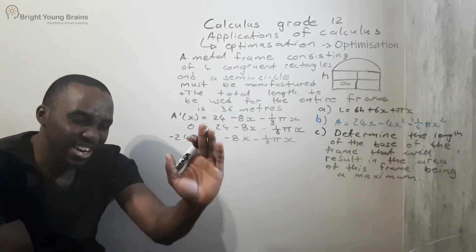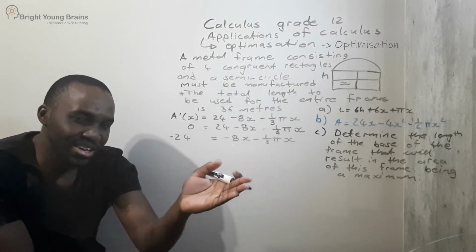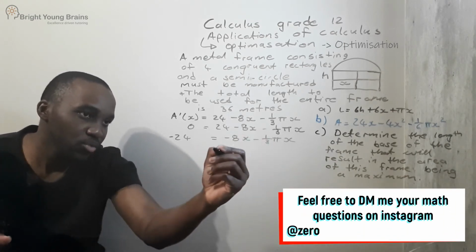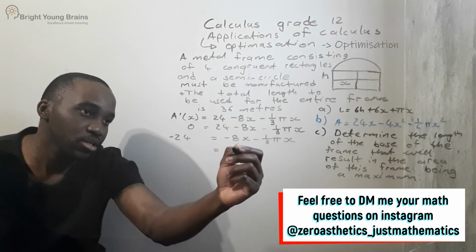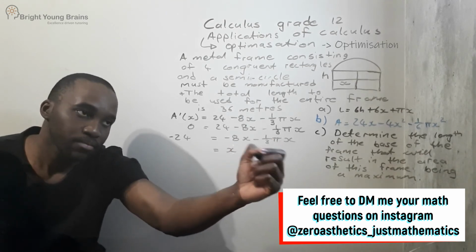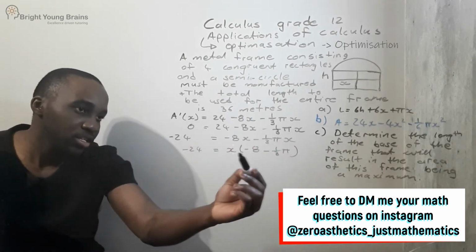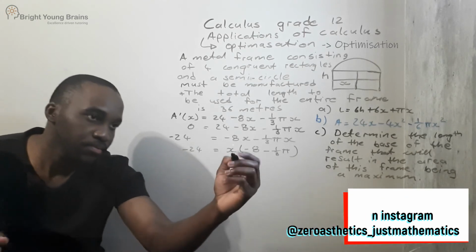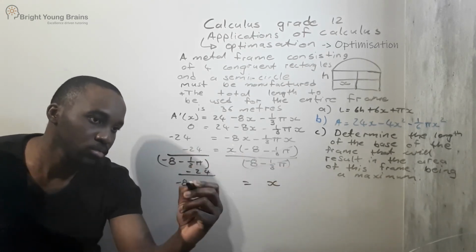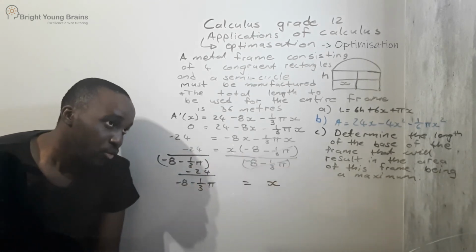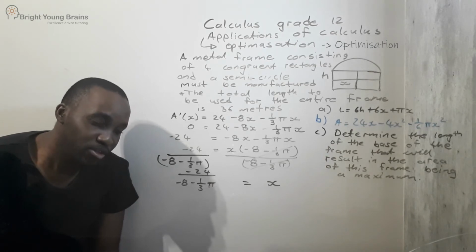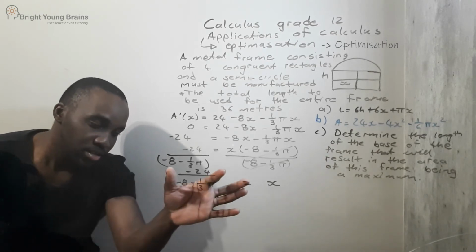That's going to give you a decimal and all that. So that's not very comfortable to work with. So the easiest way to work this out is we would take out x as a common factor, and then here we can easily divide this value on both sides. So the x value where our frame is going to have maximum area is this number here.